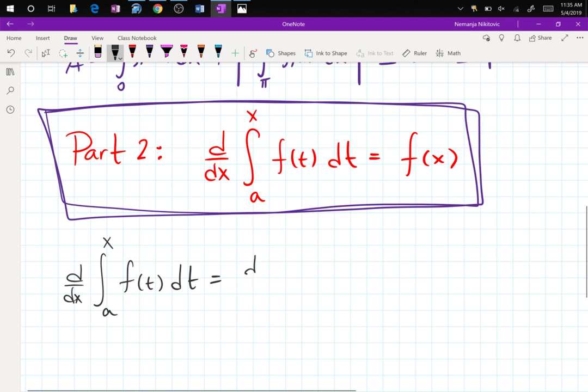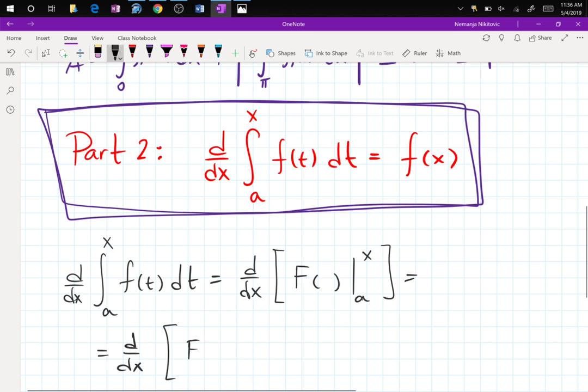So now, copy the derivative. The integral of f of x, we know it's an antiderivative of x computed from a to x, which is the derivative of, oh, sorry, it's supposed to be a t. There we go. So this is f of x minus f of a.